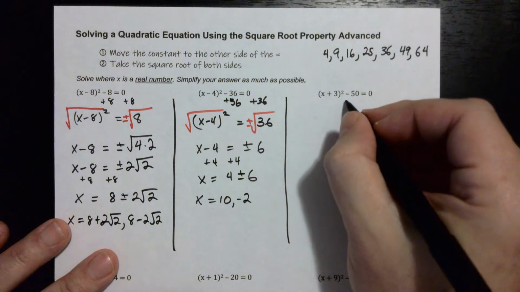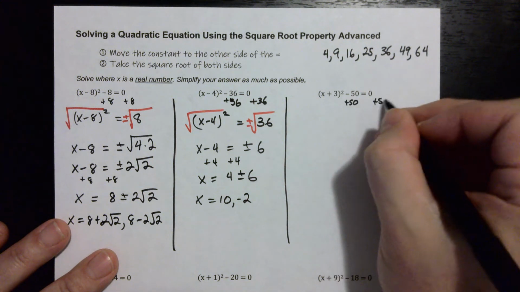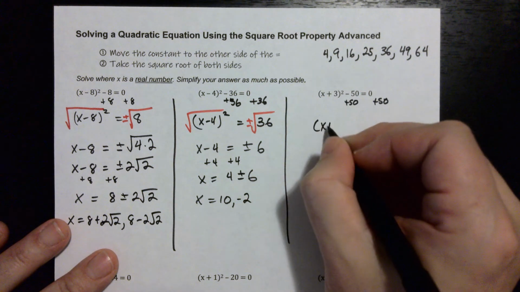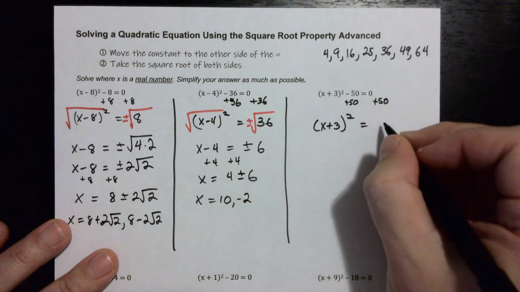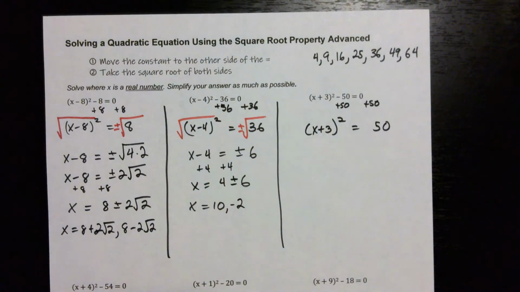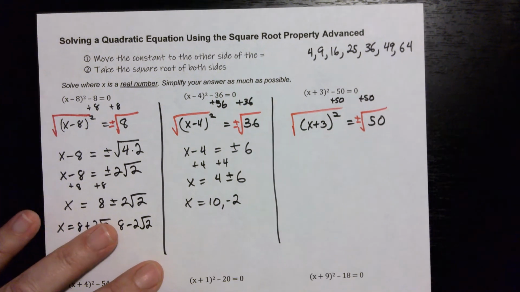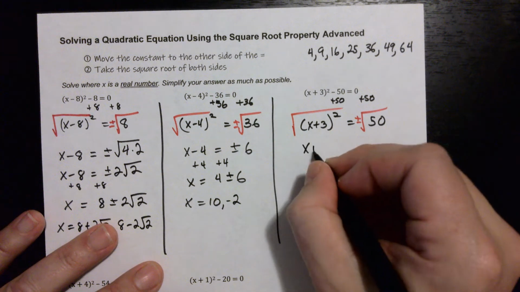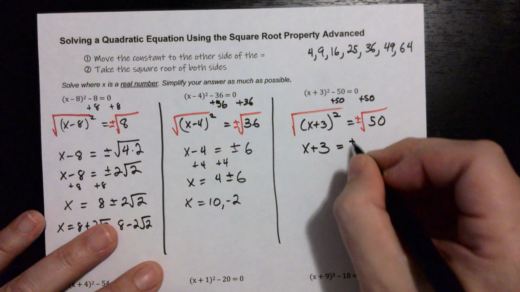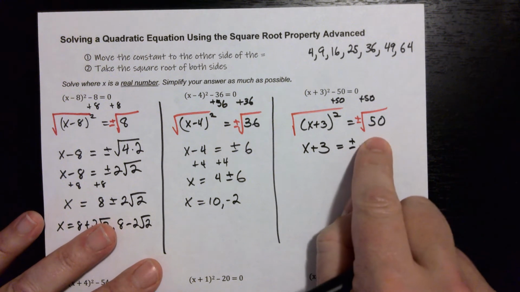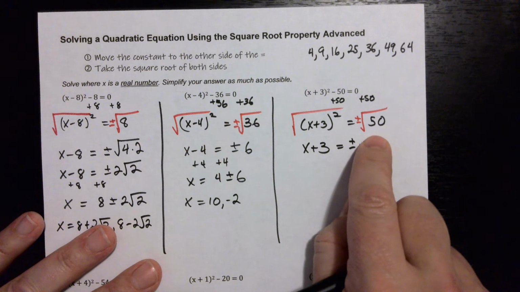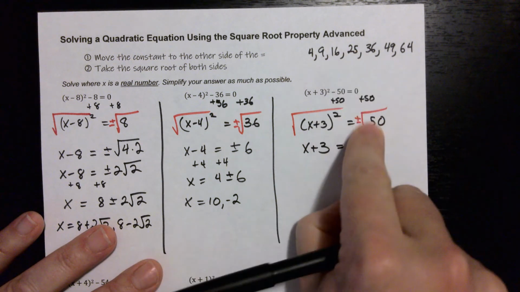Okay, let's do this. We add the 50 to the other side. So x plus 3 squared is equal to 50. And I take the square root of both sides and put the little plus or minus right here. So that'll give me x plus 3 is equal to plus or minus what? What goes into this? 25 does, twice, right?